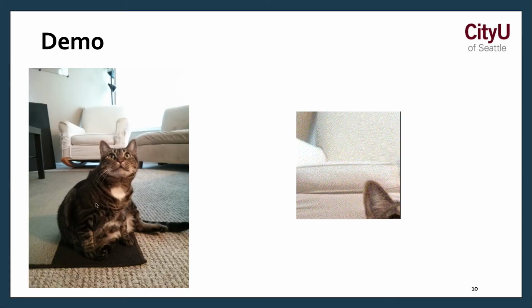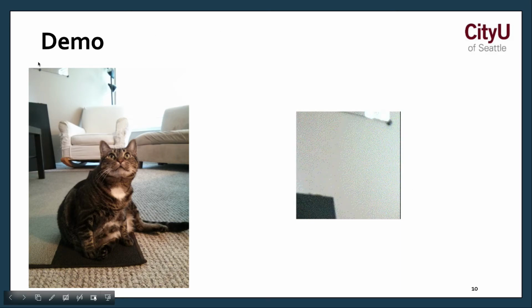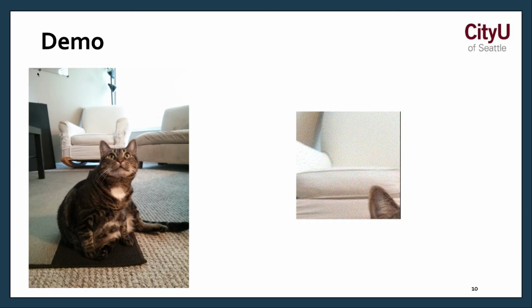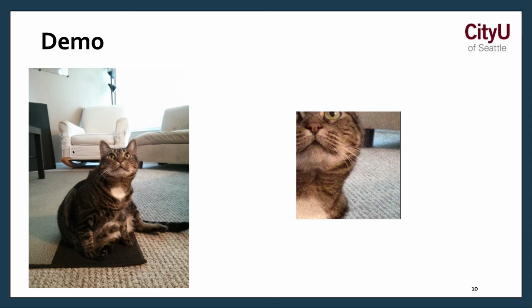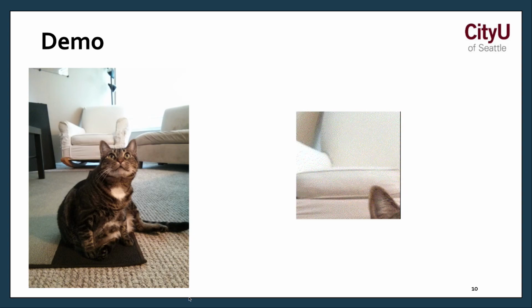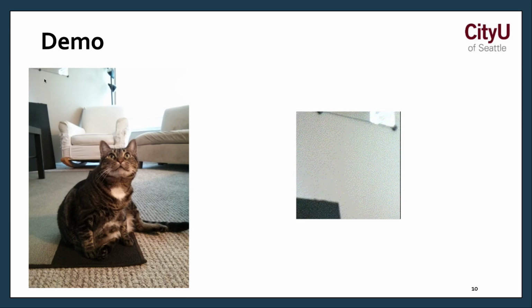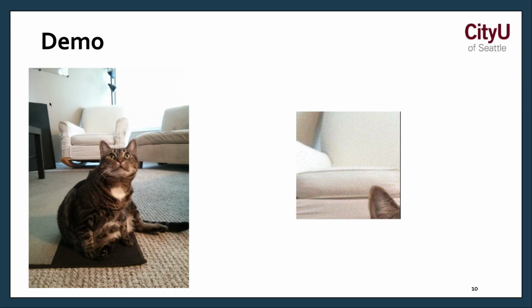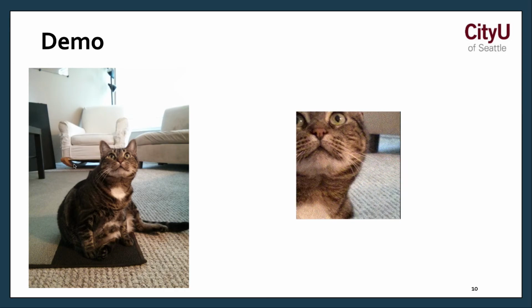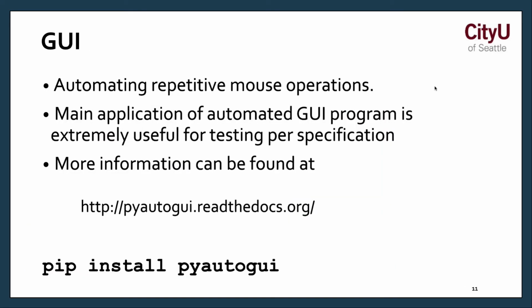So this is a demo where we actually created a GIF where we crop frame by frame diagonally, with an increment of x and a decrement of y, so it moves diagonally. Okay, so now we've done image manipulation.